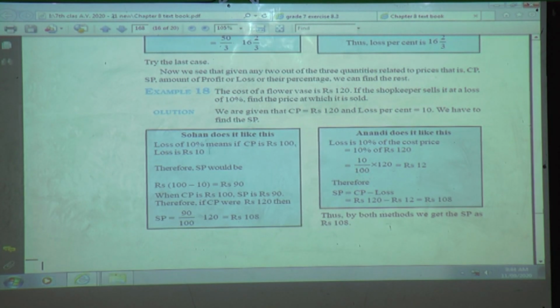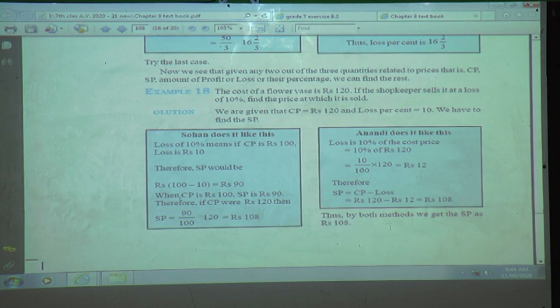Loss of 10% means if CP is rupees 100, then loss is rupees 10. When CP is rupees 100, the loss is rupees 10. Therefore the SP, the selling price, would be 100 minus 10, that is CP minus loss, which is equal to 90.